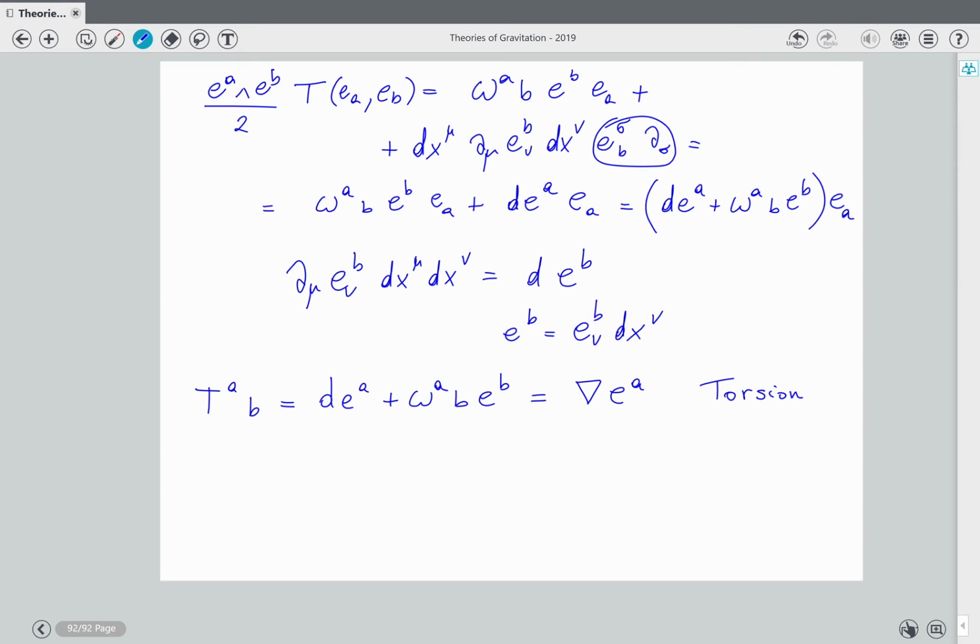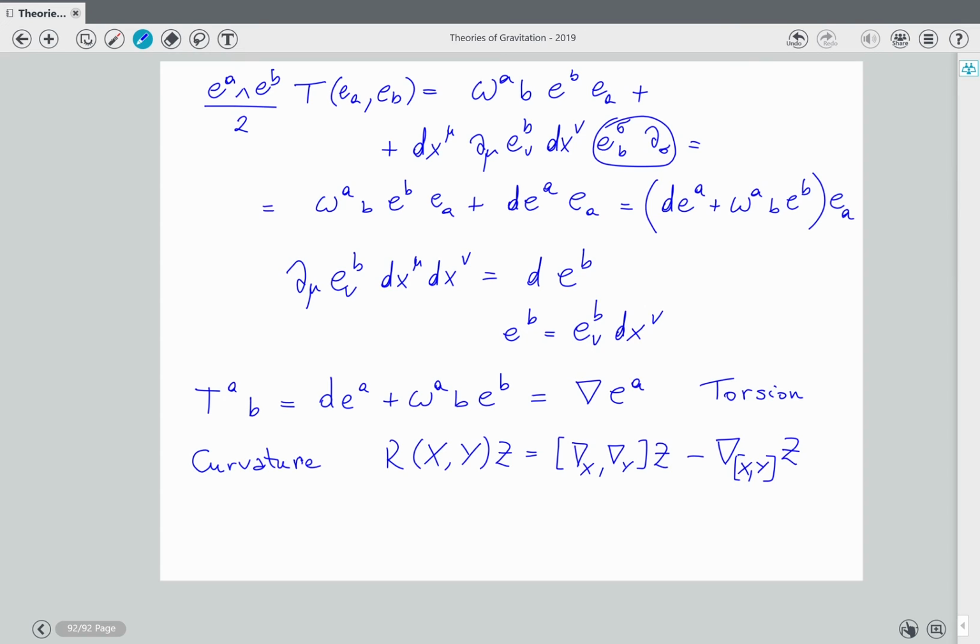Okay, so now we have to do the same for the curvature. It will be a little bit longer, but it is the same. But we do it, so curvature. Let's recall the definition. R x y z equals del x del y z minus del y del x z minus del commutator of x and y z.